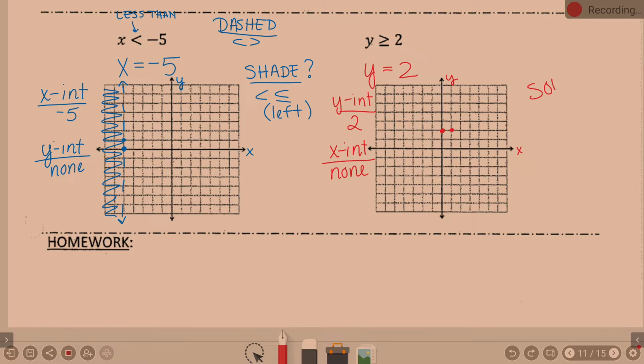Are we agreeable to solid? It's a solid line because it's equal to. Good. And above or below? Because it's some type of greater than, we're going to shade above. Notice I went back to above and below, didn't I? I forgot that left-right jump.